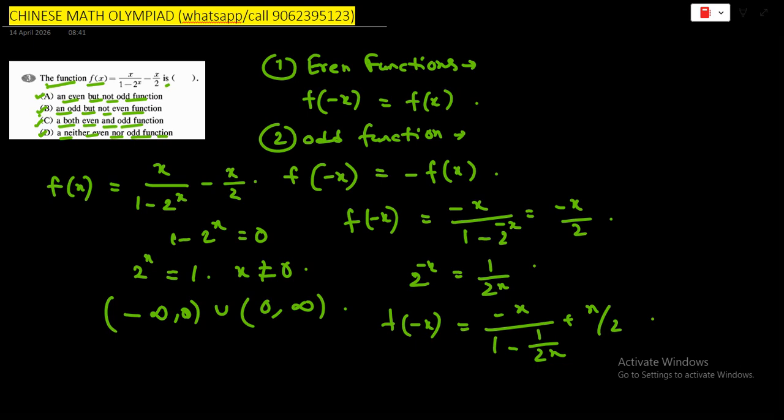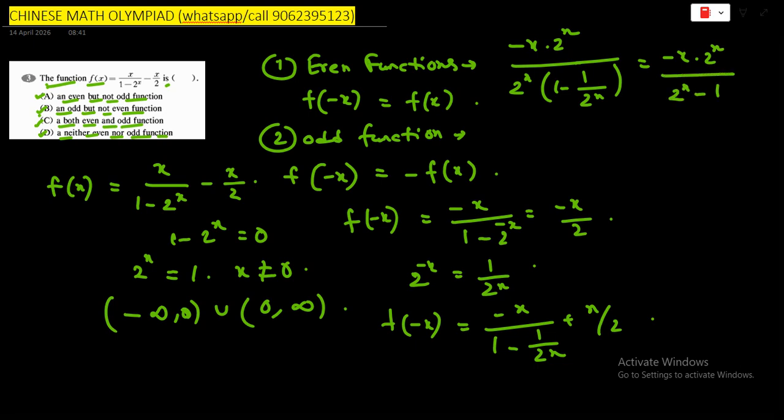So see that fraction on the left? It looks ugly, I know that. So let's multiply the top and the bottom by 2 to the power x to get rid of the fraction inside a fraction. So we get minus x into 2 to the power x by 2 to the power x into 1 minus 1 by 2 to the power x. That will be equal to what? Minus x into 2 to the power x by 2 to the power x minus 1.